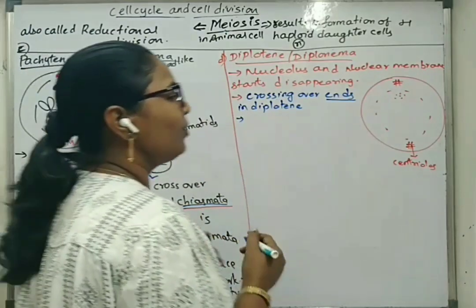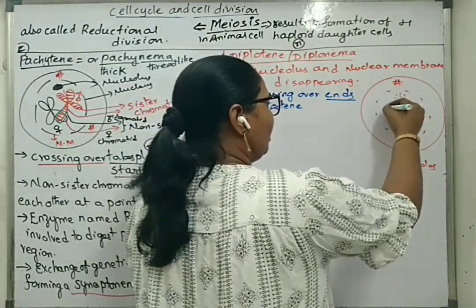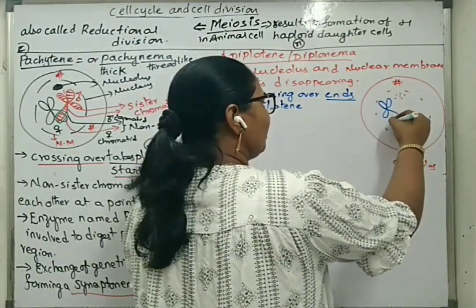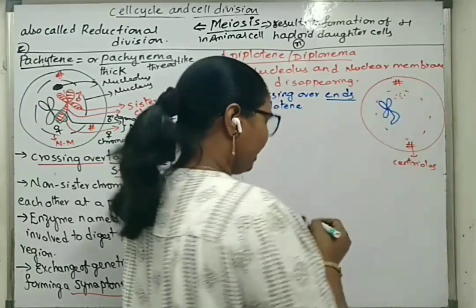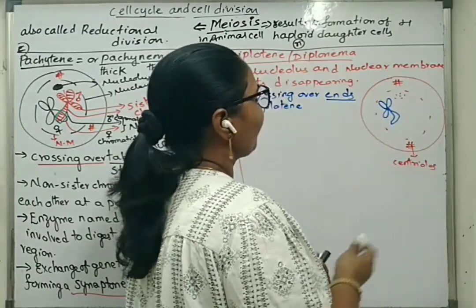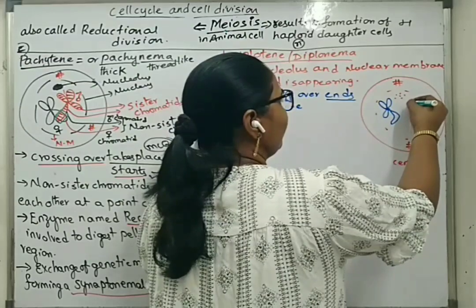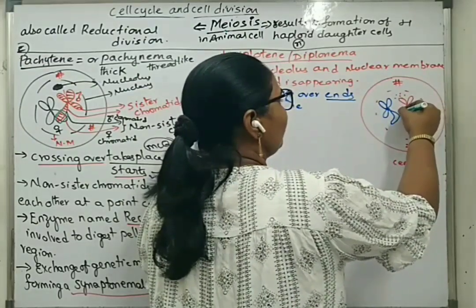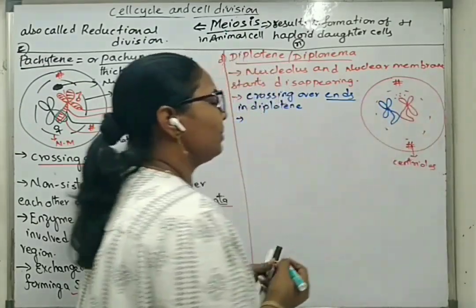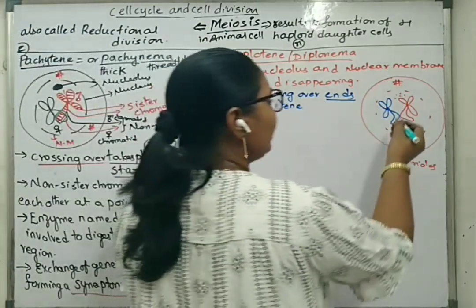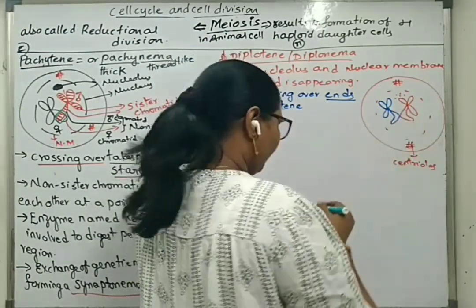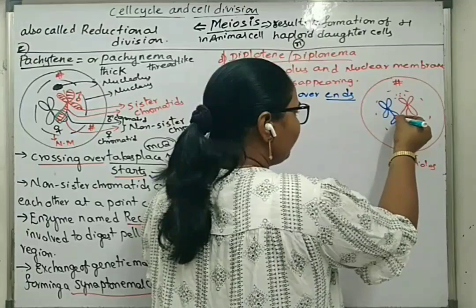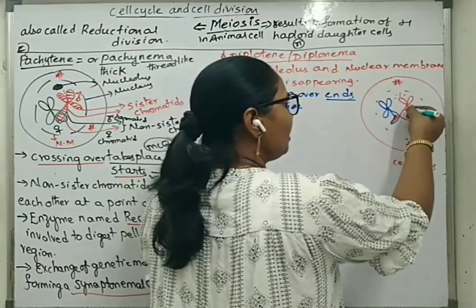So, after ending, what is happening to the chromosomes? The mother chromosome gets repelled like this. The other chromosome also gets repelled like this. It means crossing over has finished. Now some genetic material has entered into this chromosome.